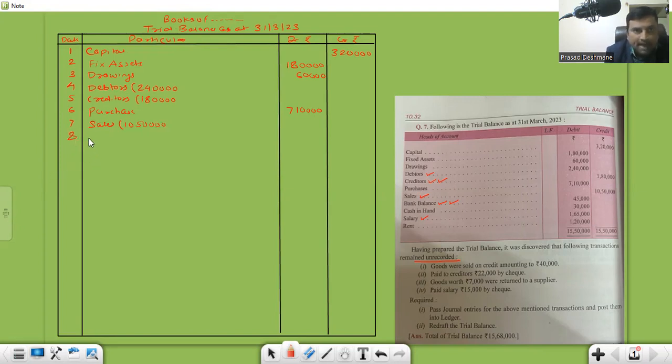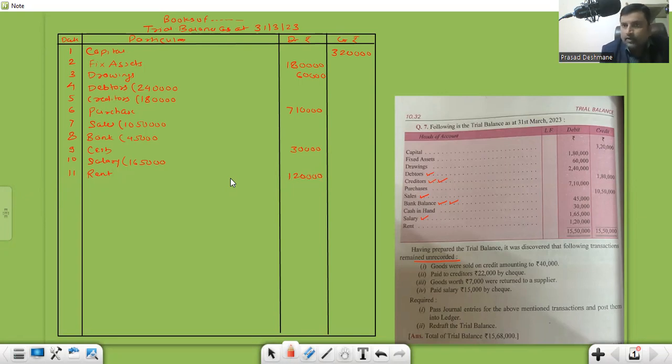Next, after that, we have bank. It also has a tick mark, so I'll also write it inside only. Then cash. Cash is an asset, that's why debit. Next, 10th one is salary. It has a tick mark, so it's inside, 1,65,000. And after that, we have rent. Rent is an expense, that's why debit.